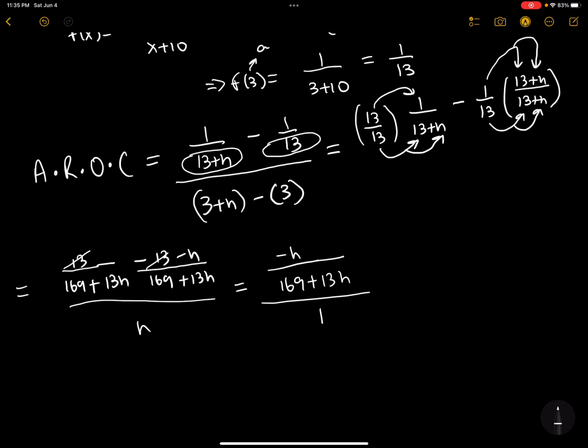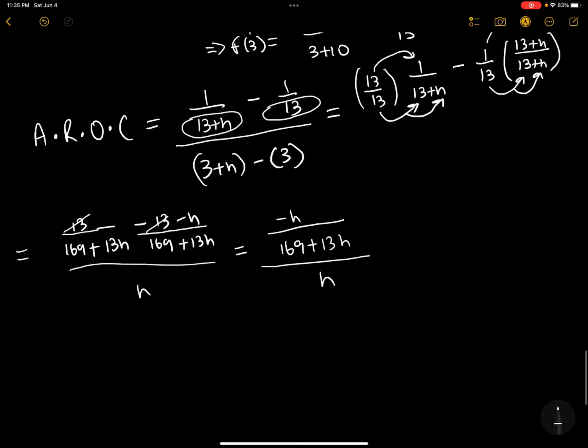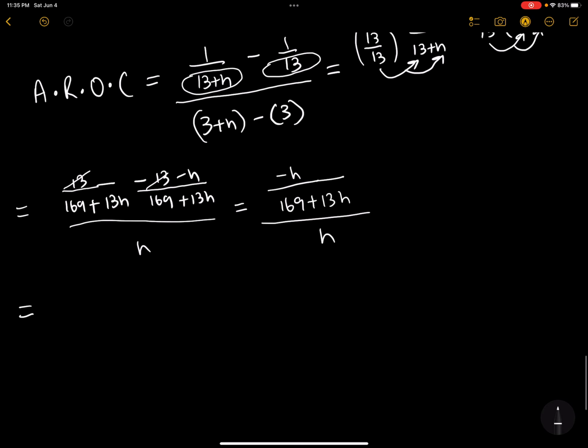Okay, I'm going to divide it by h. Now I'm going to take the reciprocal of the bottom h, right? What do I mean by that? So now I'm going to have negative h over 169 plus 13h times, well, this h has 1 on the bottom, so if I multiply it with the reciprocal, then I get 1 over h, which you can simplify further.